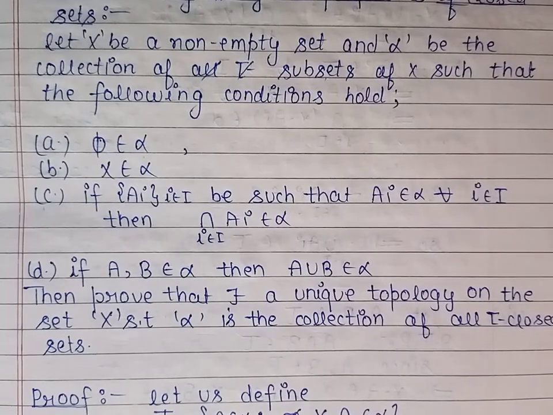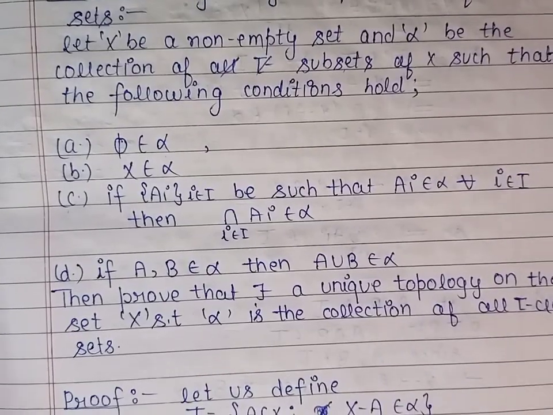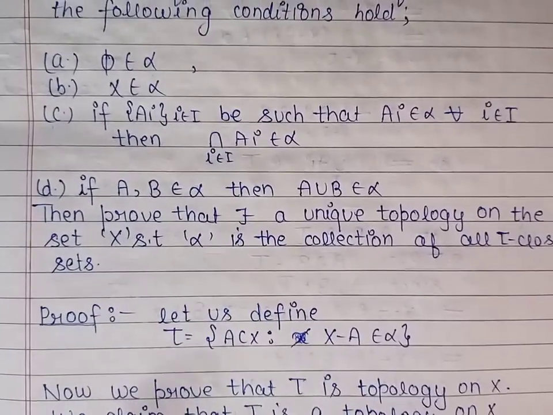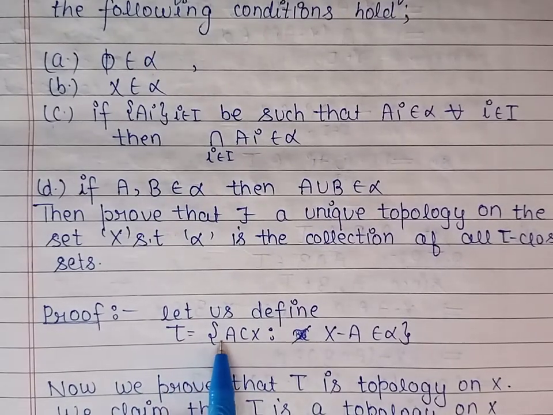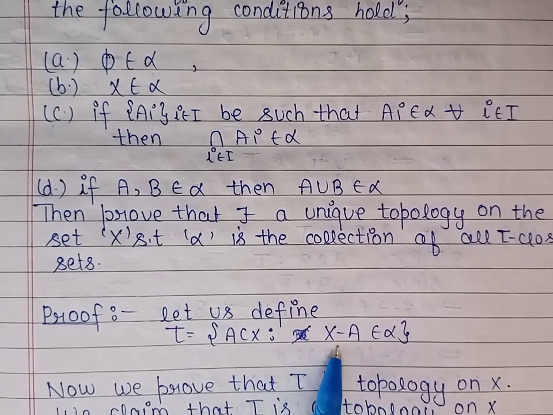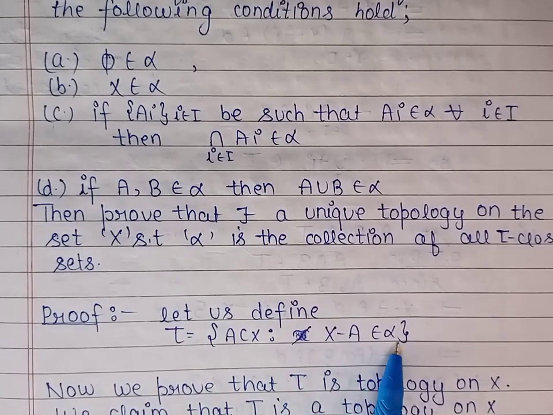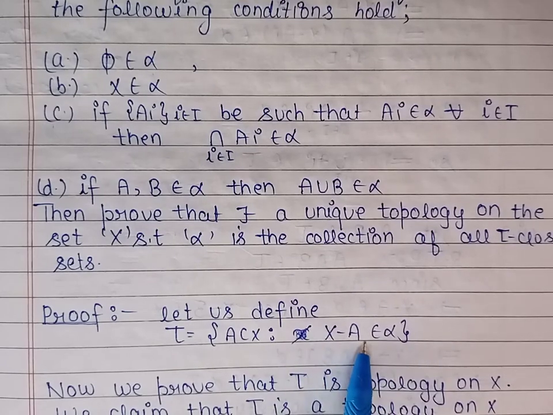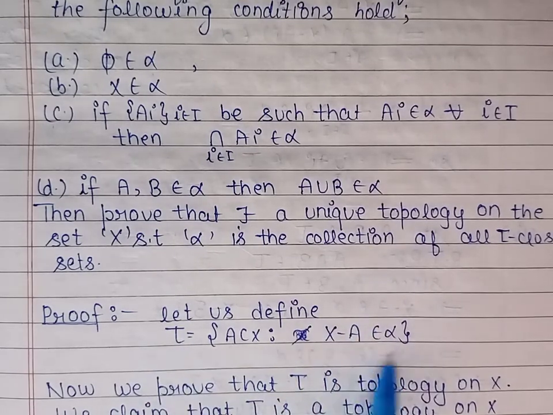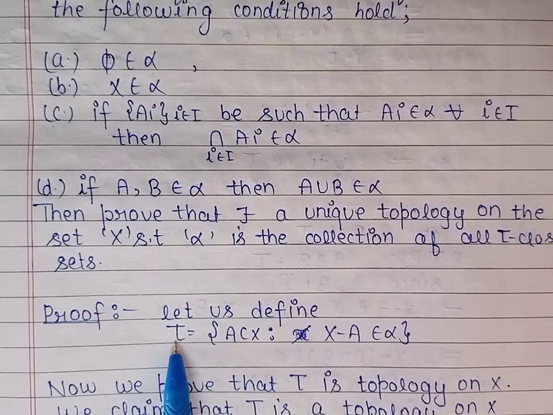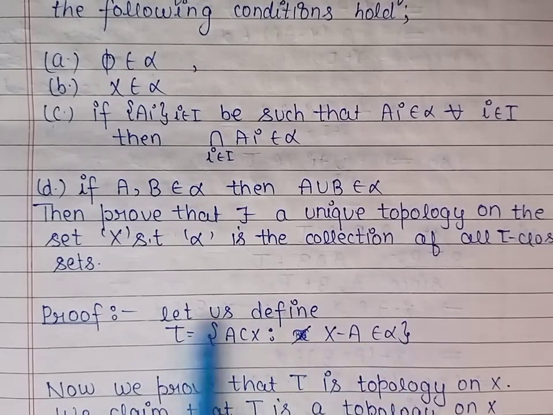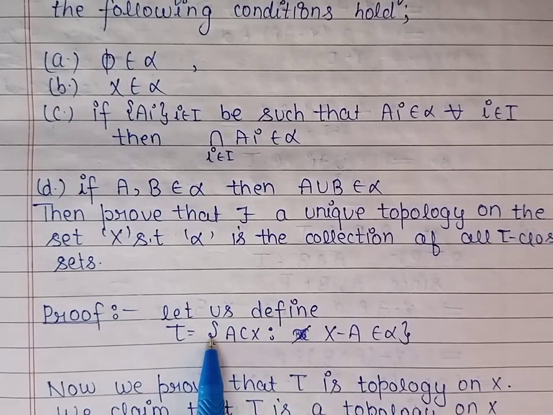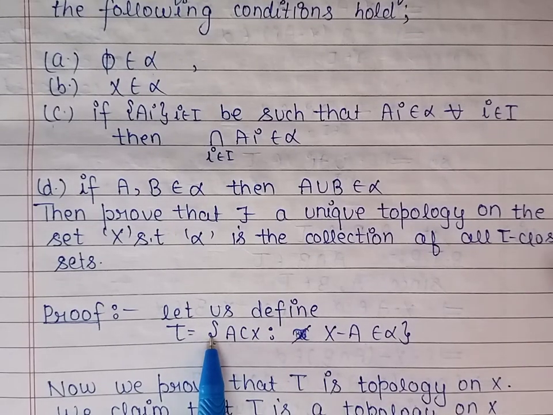So in order to find a topology, let us define a collection tau, the collection of all those subsets of X whose complement belongs to the collection alpha. Complement of A means X minus A. So in this way we have defined a collection. Now we prove that this collection defined by this equation is a topology on the set X.